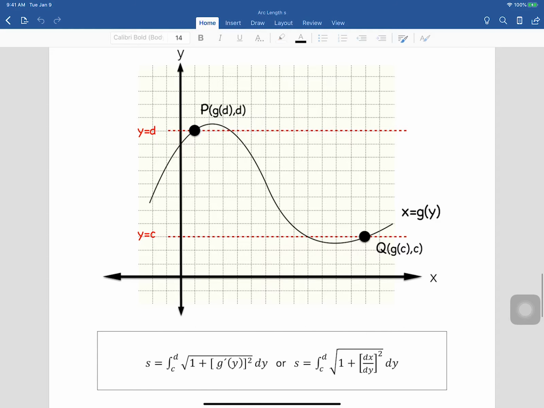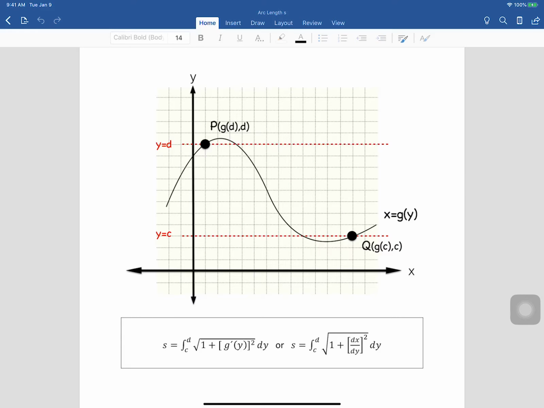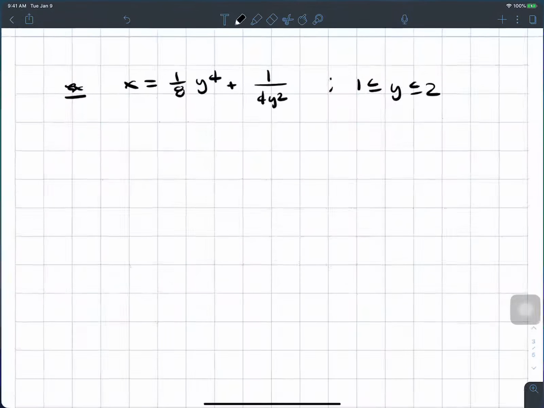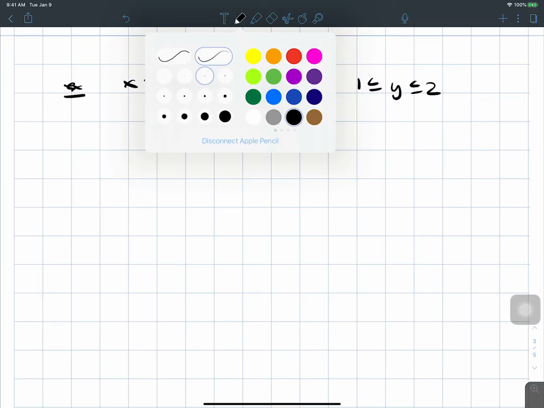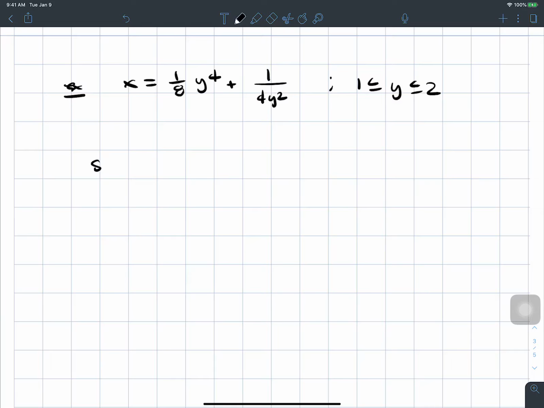This is nice. So I want you guys to notice that this is what they gave us here. Okay, so we're going to try this out. But remember, we need dx/dy here. Okay, we need dx/dy, not dy/dx. So here is what we use here. Arc length formula. This is c to d. This is for the y, right?